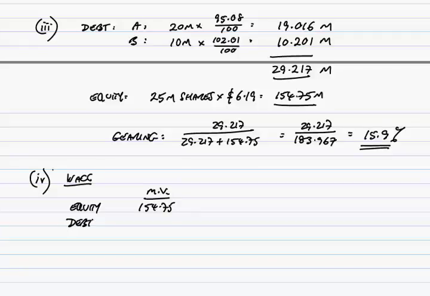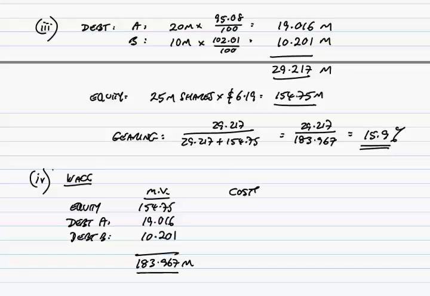Debt A, 19.016. Debt B, 10.201. So the total market value of the company, $183.967.